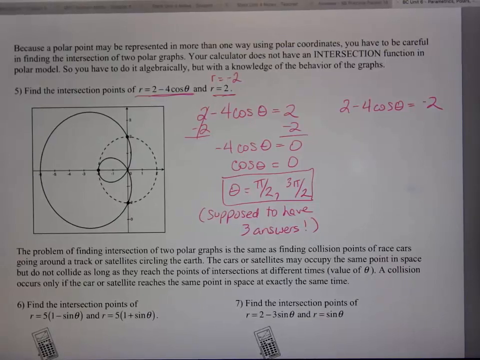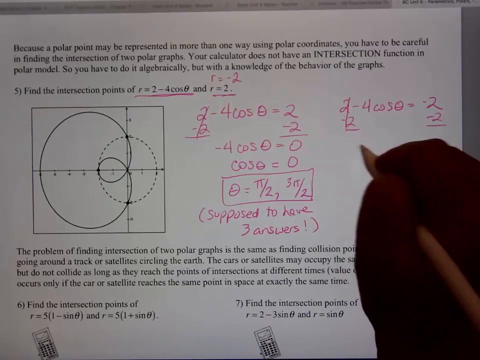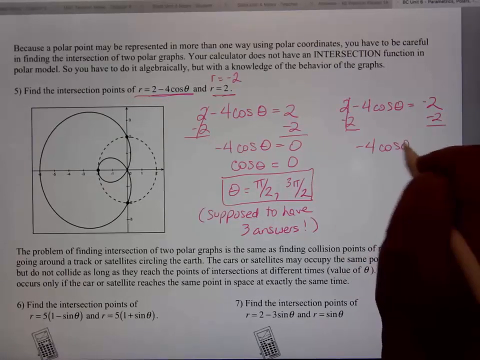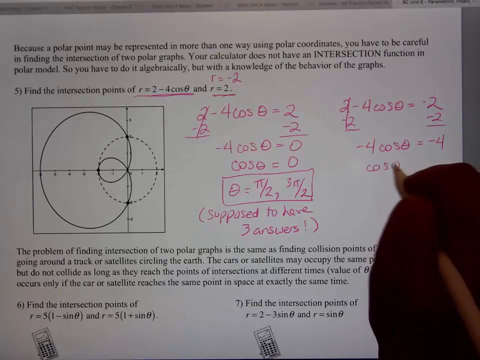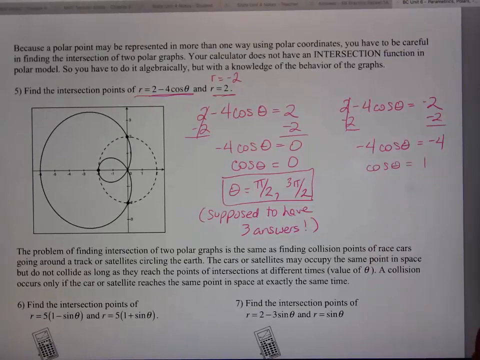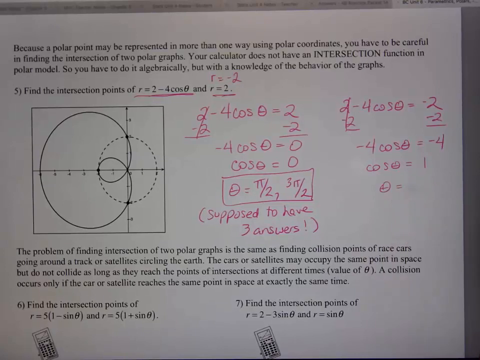Now subtract 2 from both sides. Negative 4 cosine theta equals negative 4, so cosine theta equals positive 1. Where does cosine equal 1? At 0.